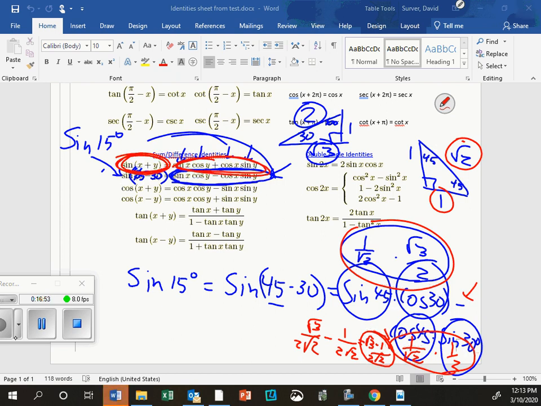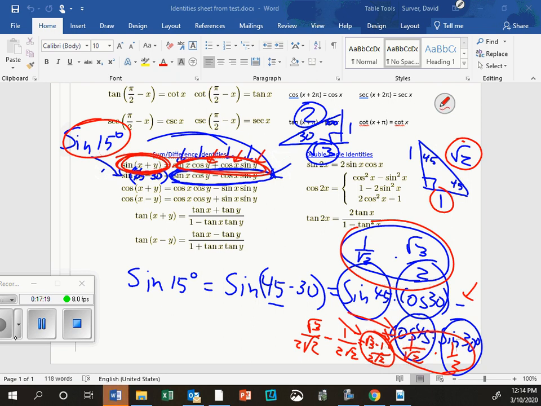And then usually you'll know the angles, like it won't be weird angles, so you'd be able to simplify it down. And like if we had had sine of 15 in a proof, for example, that's what we just did, is we figured out what the sine of 15 degrees is, and we could have replaced it with this in the proof.